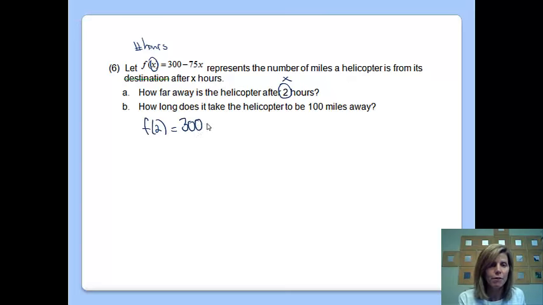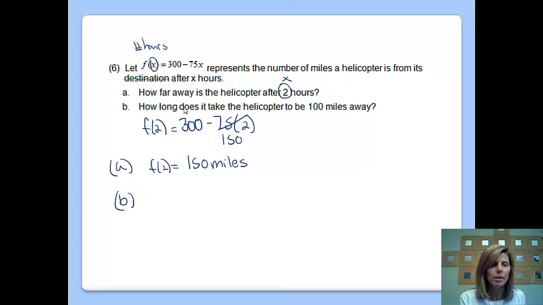So we're going to put f of 2 equals 300 minus 75 times 2. Right, and if I work that out, 75 times 2 is 150. 300 minus 150 is 150. So f of 2 equals 150, and answering the question, how far away is a helicopter? It's 150 miles away.